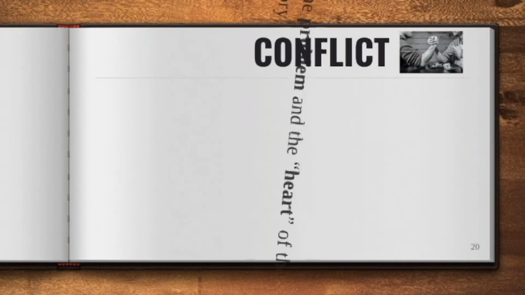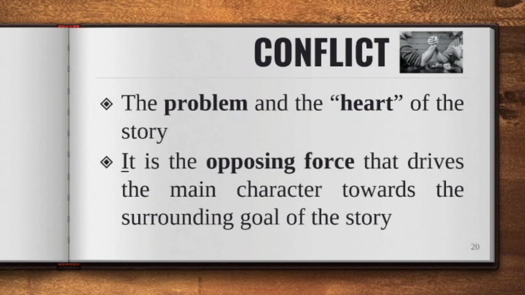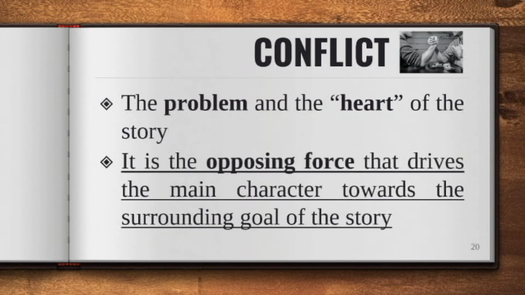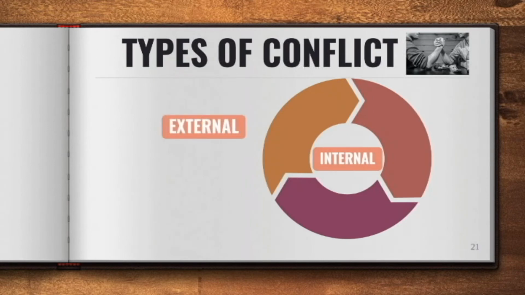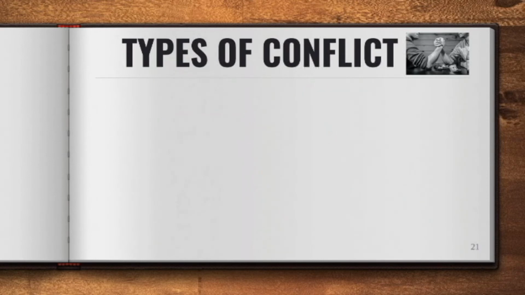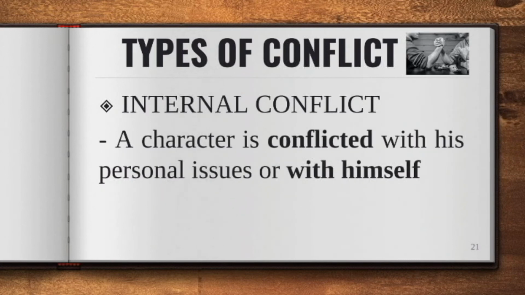The next element of the story is the conflict. This is the heart of the story, since without a problem, there will be no story at all. Conflict is the opposing force that drives the main character towards the central goal of the story. Basically, there are two types of conflict: internal and external conflict. Internal conflict is when a character is conflicted with his personal issues or with himself.